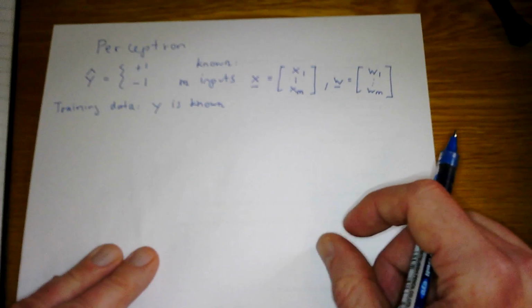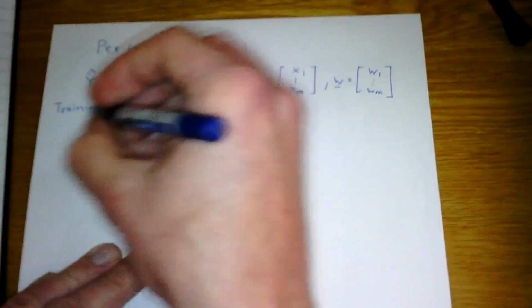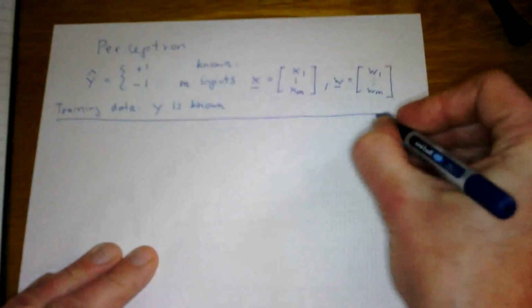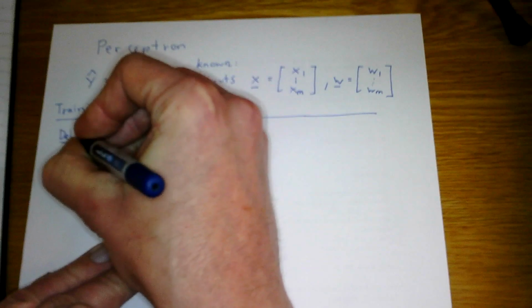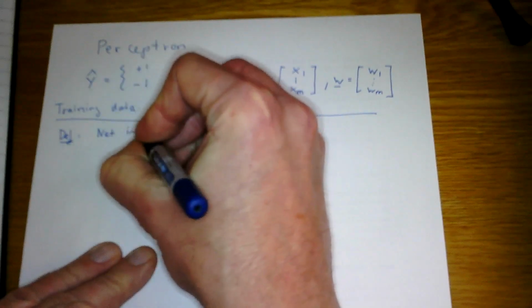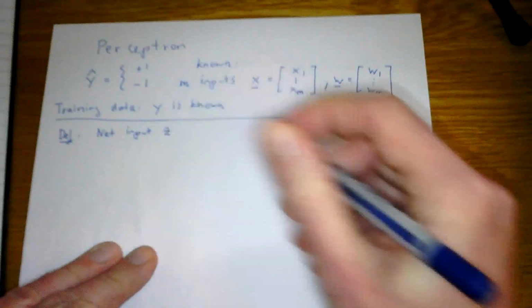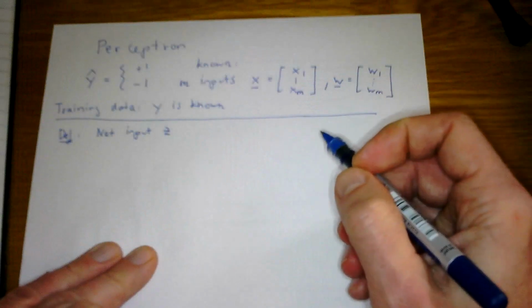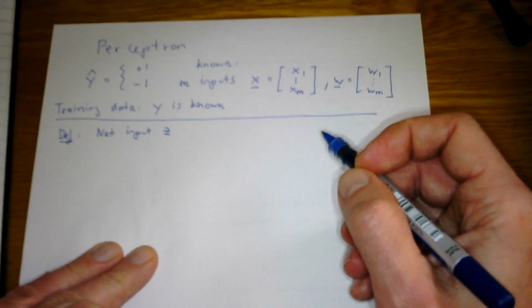Next, what we need is a so-called net input, and I put here usefully maybe a definition, and I want to define what is called a net input, which is denoted z. And you note that the net input is actually a scalar, which means it's simply a number, it's not a vector anymore.